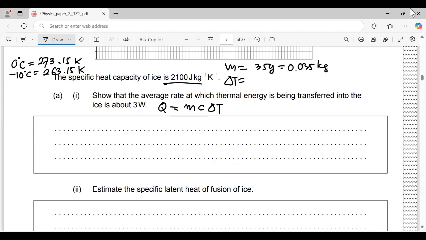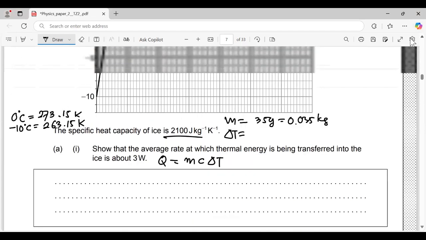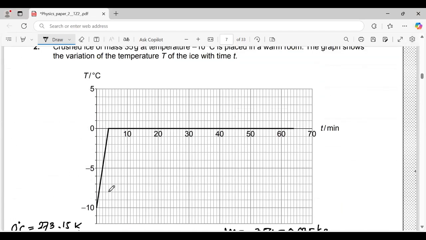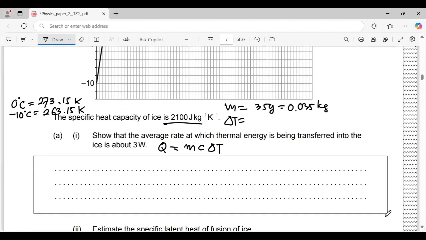So the temperature, if you look at this graph, goes from 0 to minus 10 in Celsius. But if we convert to Kelvin, it becomes 273.15 minus 263.15, and it is 10 Kelvin. So the temperature change is 10 Kelvin.